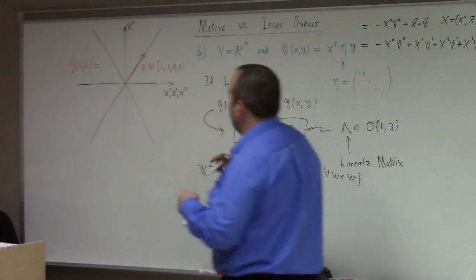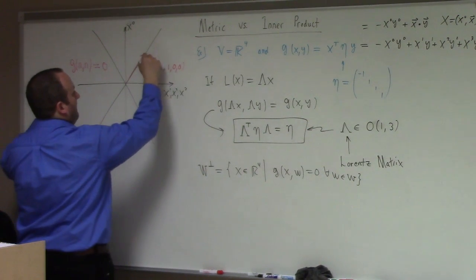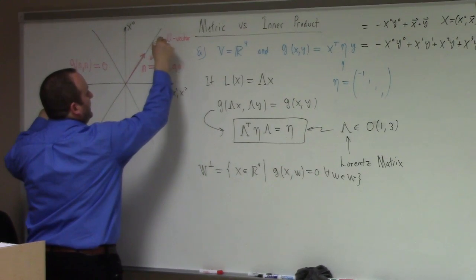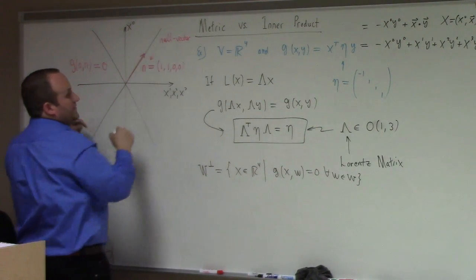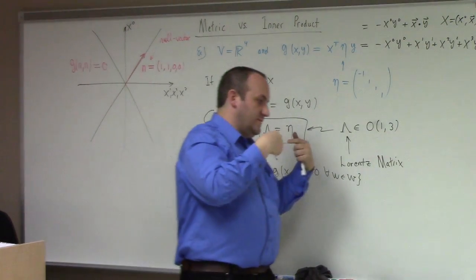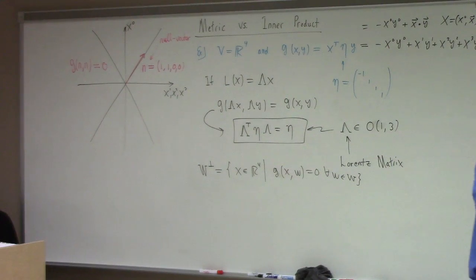It's 0. This is why it's called a null vector. A null vector is a non-zero vector on which the metric, when you feed the metric a pair of the vector with itself, you get back 0.